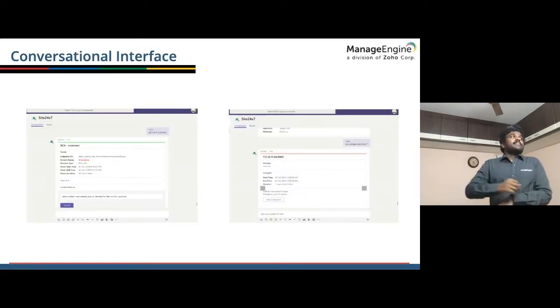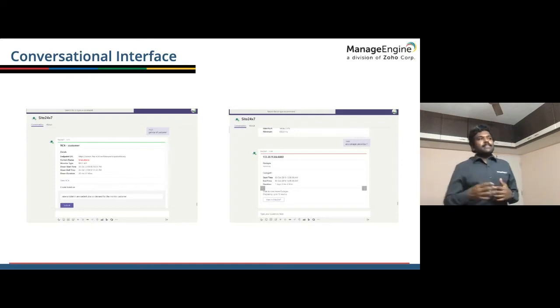Here you can see this is from the MS Teams integration of Site 24/7. You can see that somebody is getting a root cause analysis of a particular customer monitor, and you can also ask questions about outages that happened yesterday. Now, if you break down this conversational analysis, first there is something that takes care of the time part, because in all of the monitoring systems, time is your primary search constraint.